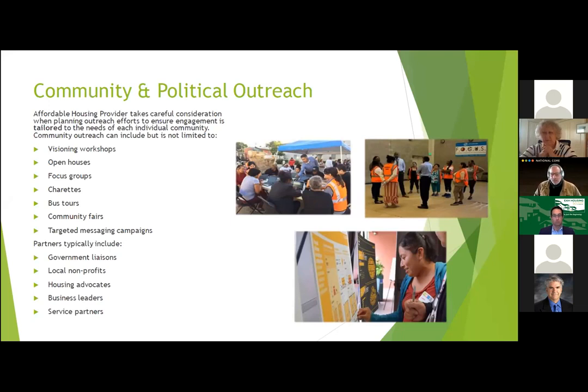However, if you want to get your project done, you have to do community and political outreach in a substantial fashion. And you can see from Stephen's example, they started with one approach with a certain group of people to provide housing and assistance to, and that changed because the community had a different approach.